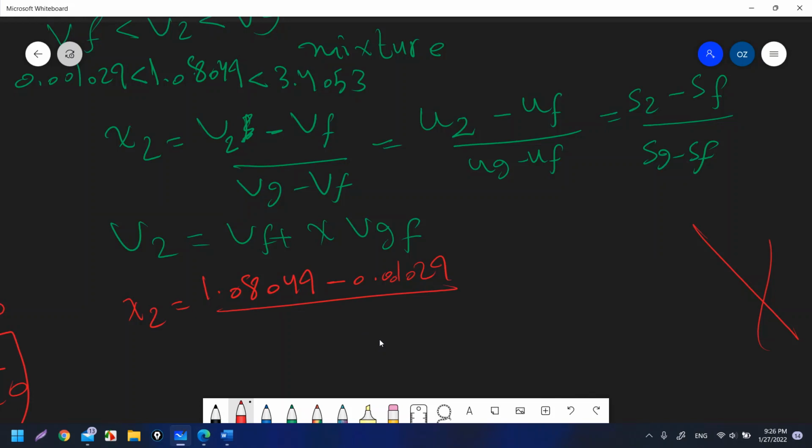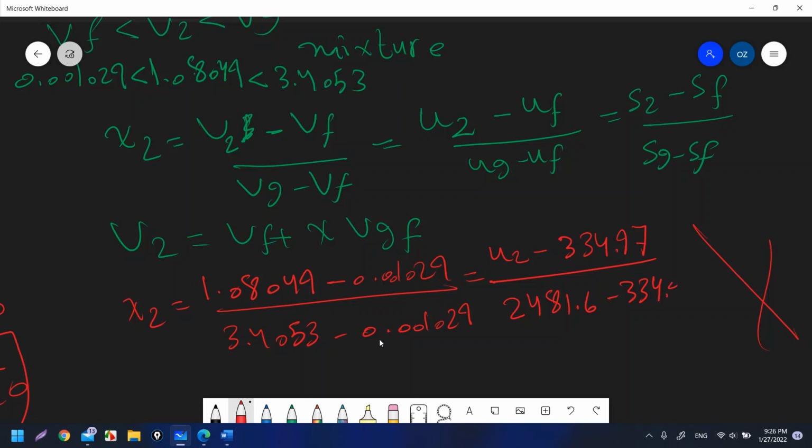Okay, Vg is 3.4053, minus 0.001029. U2, I want to find it, minus Uf, you will find it 334.97. Ug is 2481.6 minus 334.97.